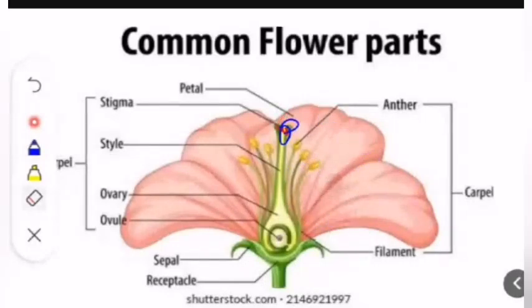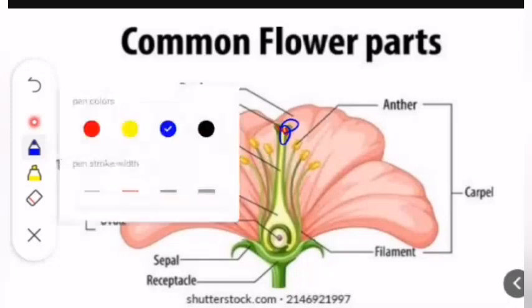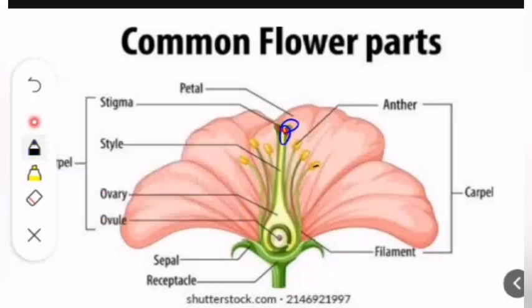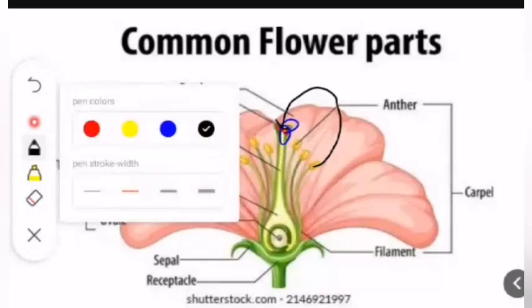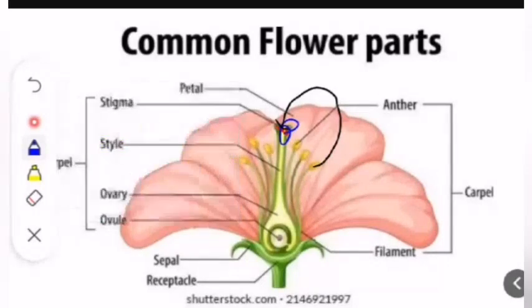Now, when pollination occurs, we move pollen from the anther to the stigma. After that, the next thing that is going to occur is fertilization. For fertilization to occur, this pollen grain we dropped here has to find its way inside here.